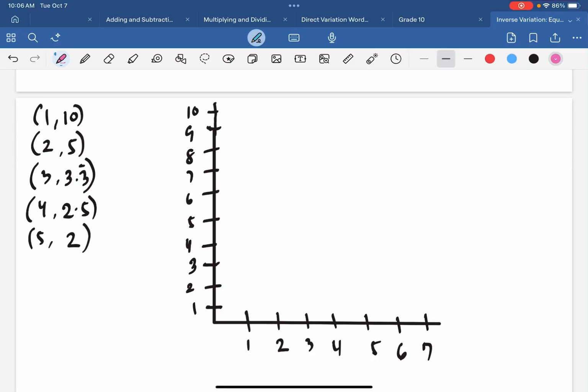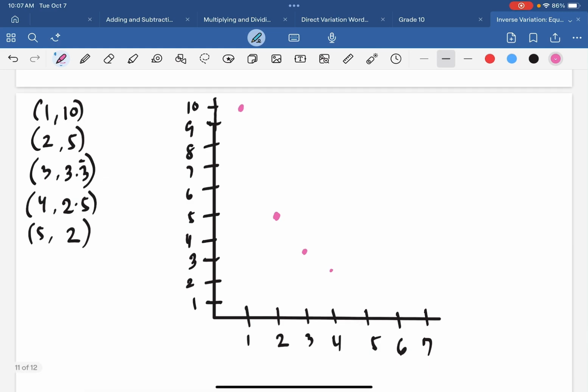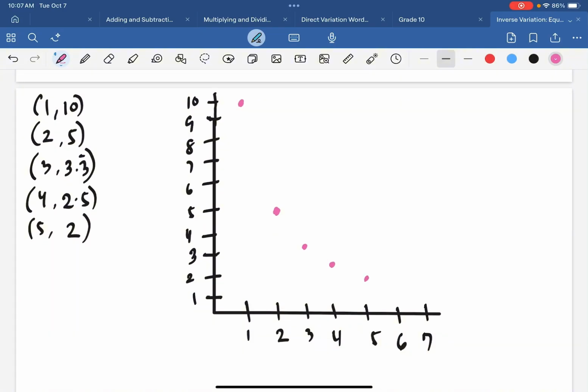So based on this, we have 1, 10. 2, 5. 3 and 3.3, so perhaps it's on this location. We have next 4 and 2.5, and 5 is 2.